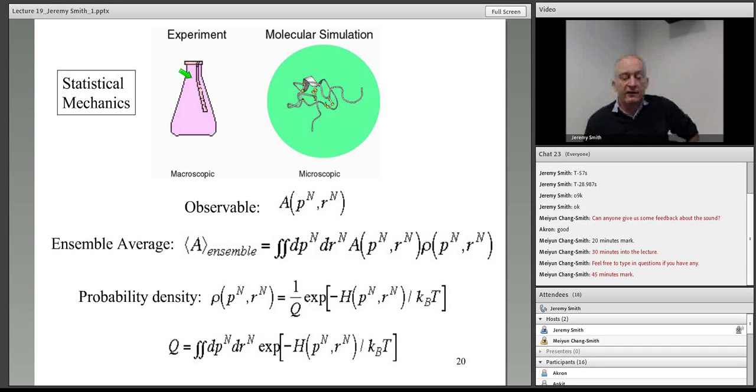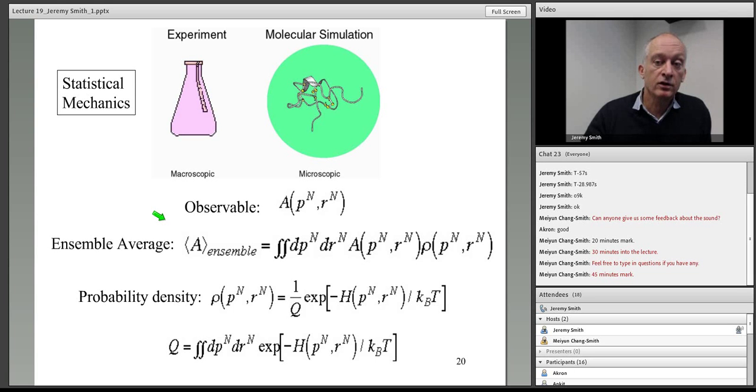Won't go over that in any detail, except to mention that of the observable one needs to take an ensemble average. And in an experiment, this is an average over the molecules that one's observing and over time. So in a simulation where we only have one protein, then one assumes that the time average is the same as the ensemble average.